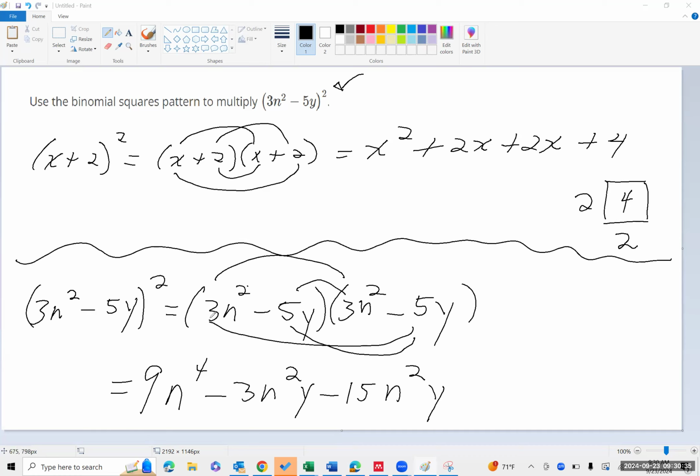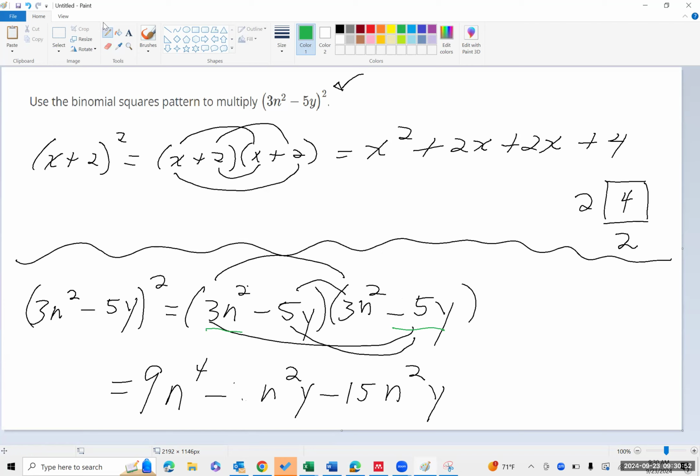When I did the outer, which was this term and this term, I should have gotten a minus 15. So let me make that correction here.